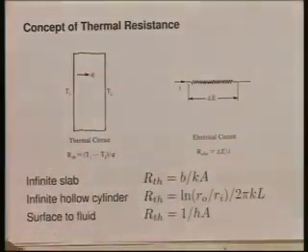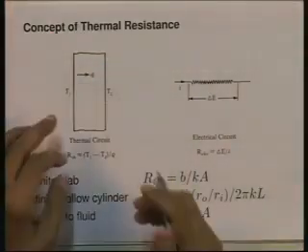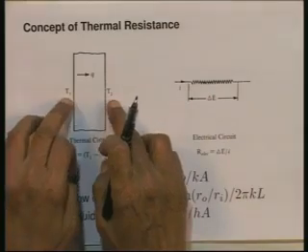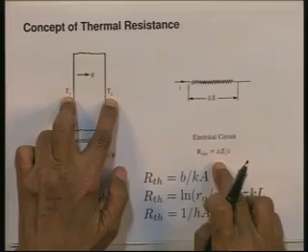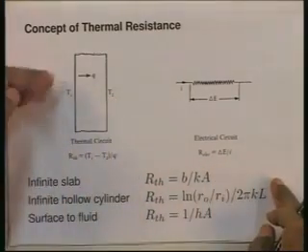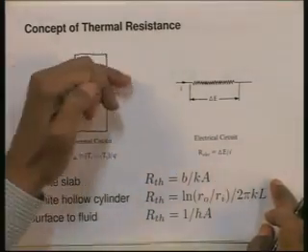Now, in an analogous manner, I define a quantity called a thermal resistance, and I define it as follows. Suppose I have a solid and across the faces of the solid I have a temperature difference T 1 minus T 2. This is similar to the potential difference delta E, and there is a heat flow rate Q flowing across this solid.